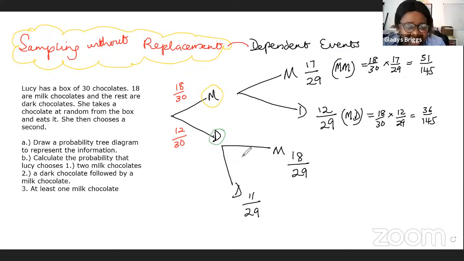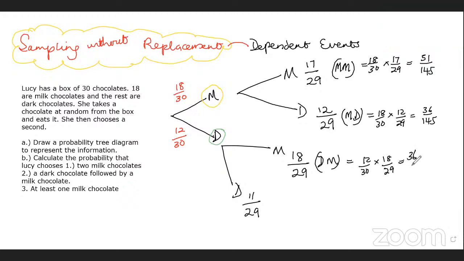And on the next set of branches, you have the dark chocolate and the milk chocolate. So that would be 12 over 30 times 18 over 29. The same as the above? The same.